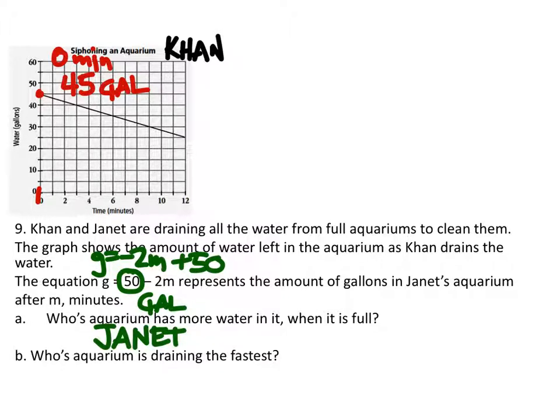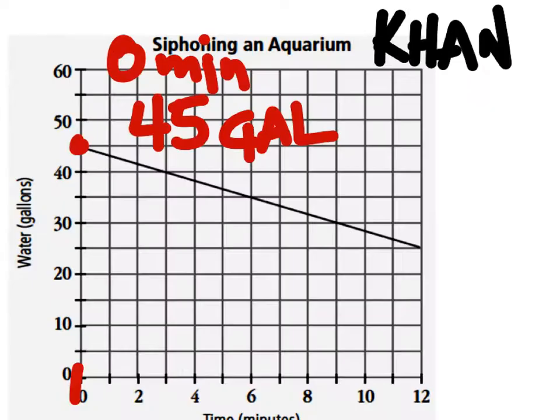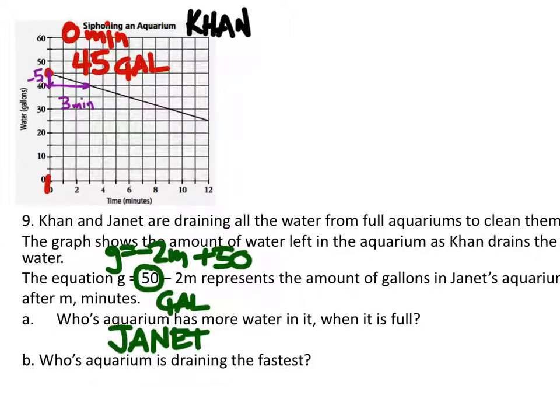Well then, whose aquarium is draining the fastest? That's part B. So for Con, we need to figure out the slope on this thing. So we know it's starting here at 45. That's going to go down 5 gallons. But how long does it take? Looks like it's going to take 3 minutes. So Con is draining 5 gallons every 3 minutes.